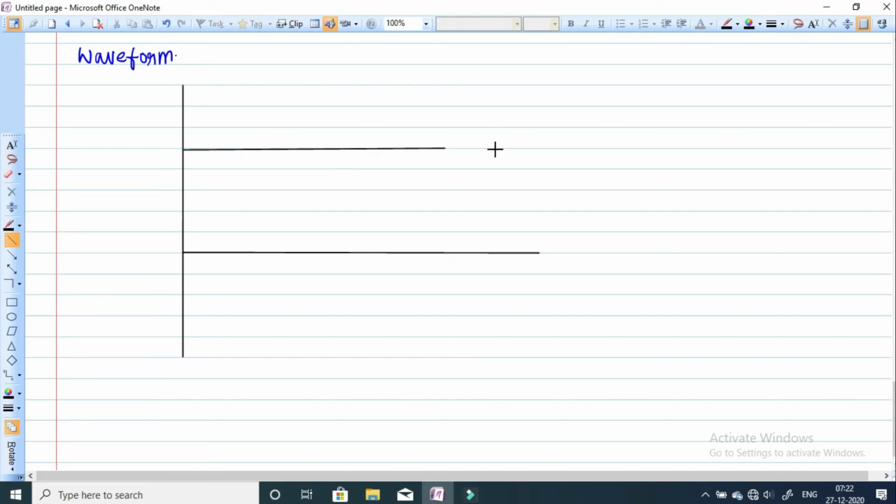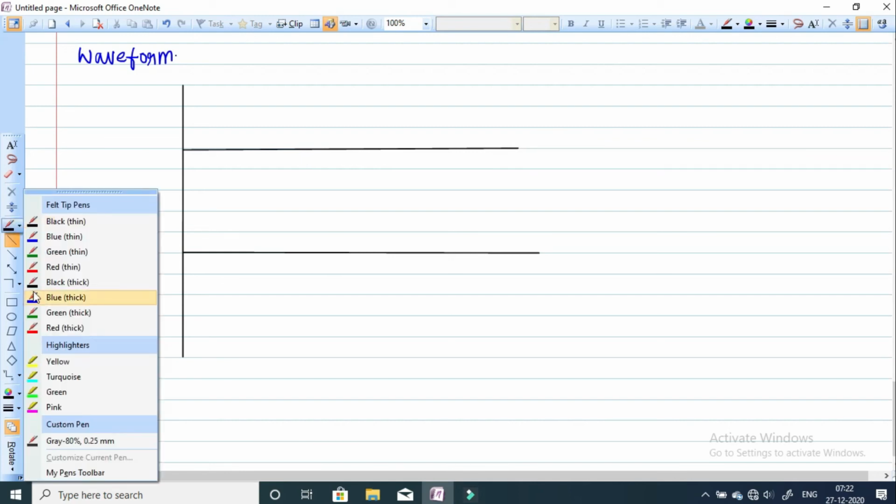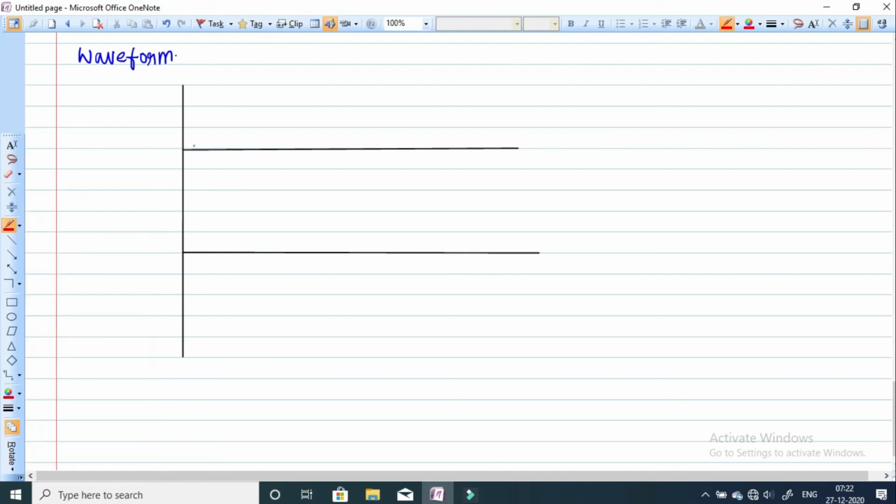Input and output waveform. First let me draw the input AC. This is your input AC. And now let me draw the output. For each cycle we are getting the output.